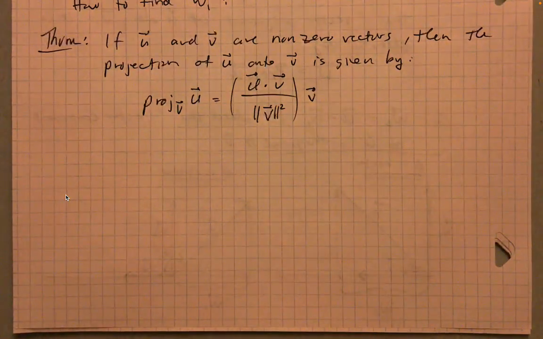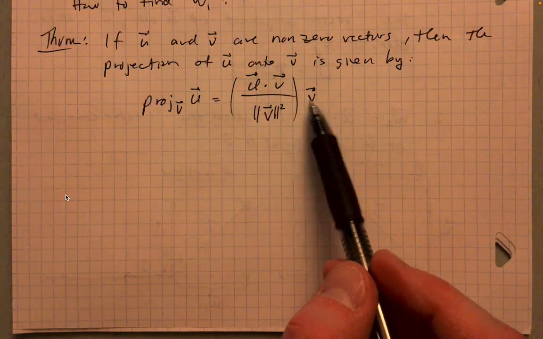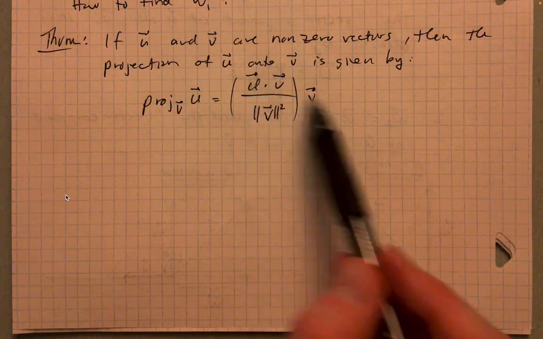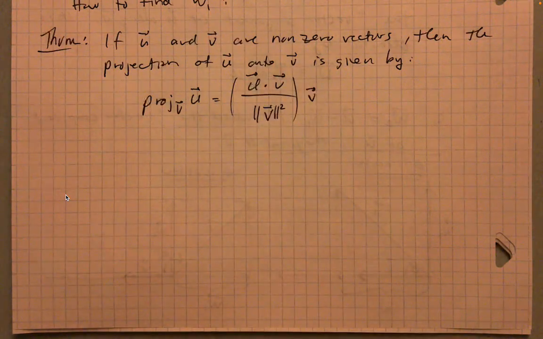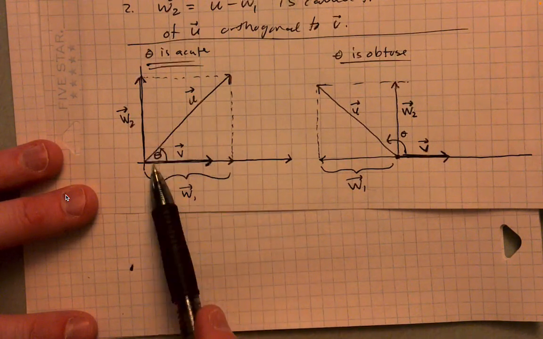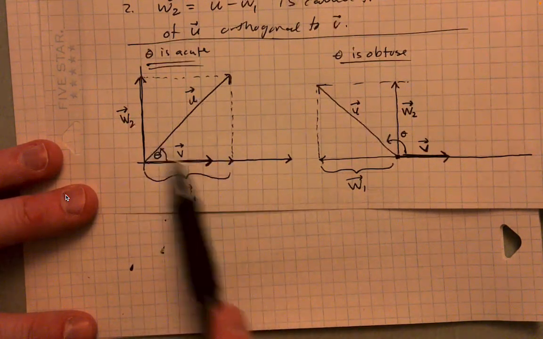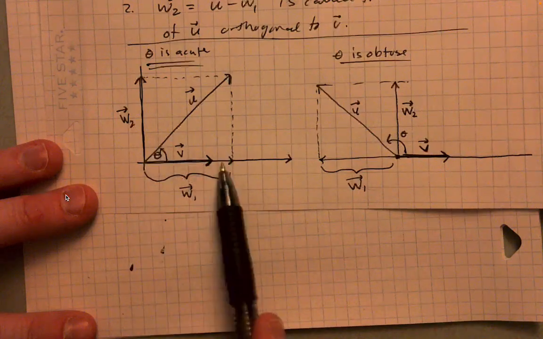So remember, we're projecting onto V, so we need something that's in the same direction as V, but it just needs to be longer or shorter, right? So just remember what that picture looked like. Our W1 is the same direction as V, it's just longer or shorter depending on what U happens to be, right?